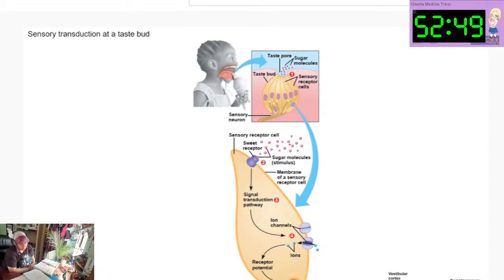When we eat something sweet, like chocolate, for example, the sugar chemicals will bind to and stimulate specific taste buds, and that's reception. This will create voltage changes in the receptor cell, opening sodium ion channels, allowing sodium ions to flow into the cell. This changes the receptor potential, resulting in neurotransmitters being released to the sensory neuron. That's transduction. Those sensory nerves will transmit this signal all the way to the brain, specifically to, like, the gustatory cortex.